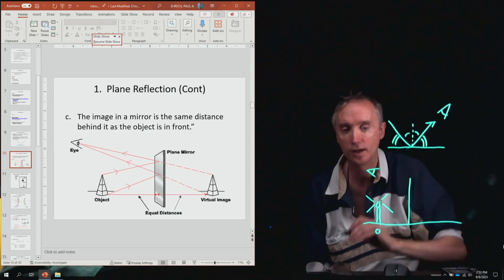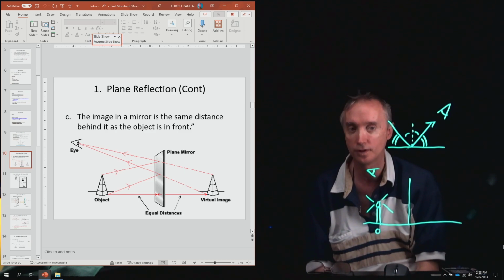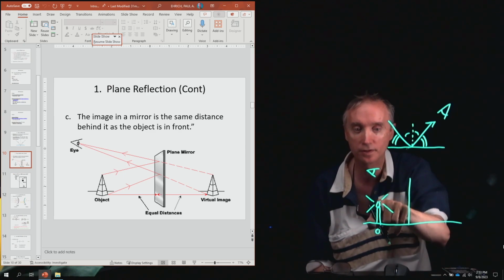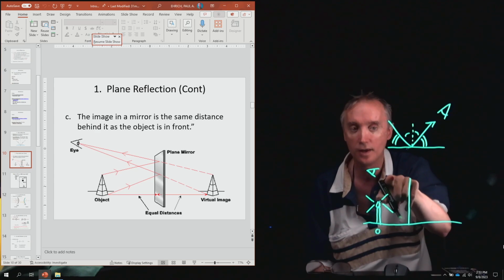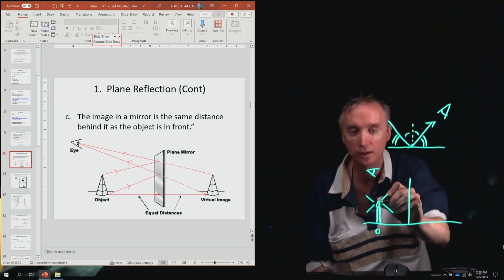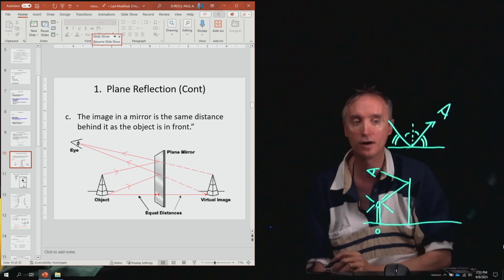But the light that you're going to see is the light that bounces off the mirror and then goes into your eye. For example, you're not going to see this light wave right here, but you might see a light wave that goes in this direction, hits the mirror, and then bounces into your eye.